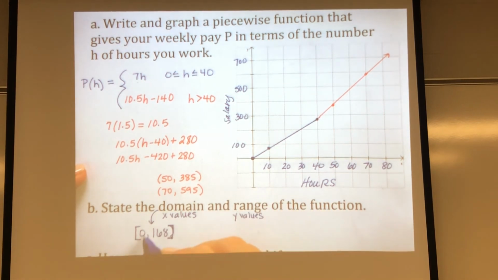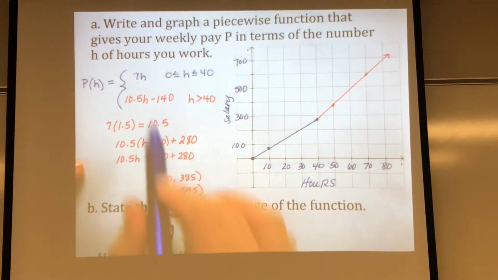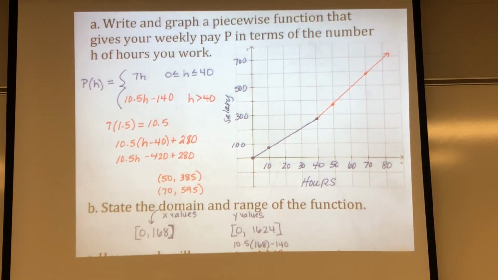So if you worked 0 hours, you would make $0. And if you worked 168 hours, you'd have to put that in there and calculate it. Take 10.5 times 168 minus 140. And you come up with $1,624 a week. Would be the cap that you could make.